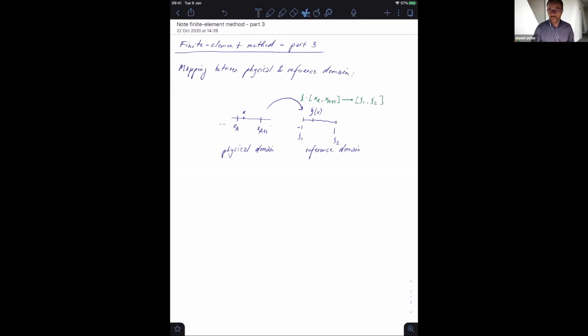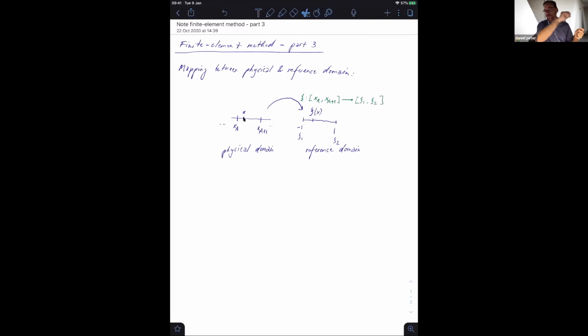And I put down what we basically ended with last time in our finite element part 2 section. So we ended up with the mapping between the physical domain and the reference domain. The mapping basically means we have a position X, which is somewhere in our 3D physical room.